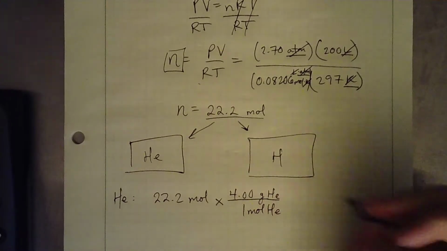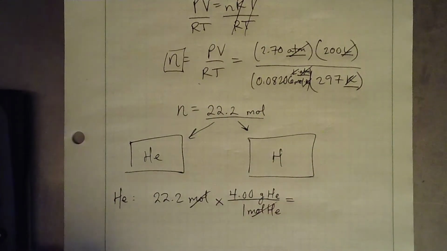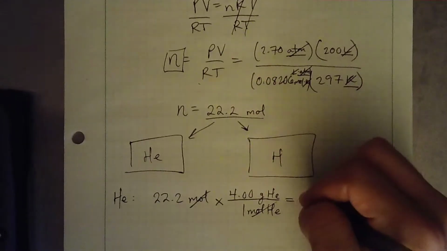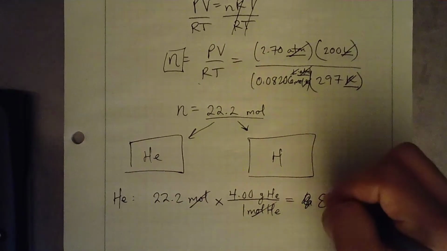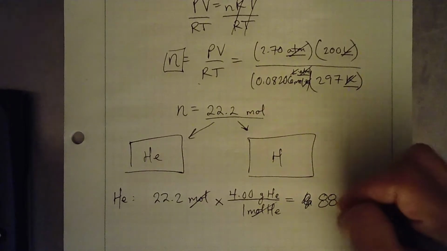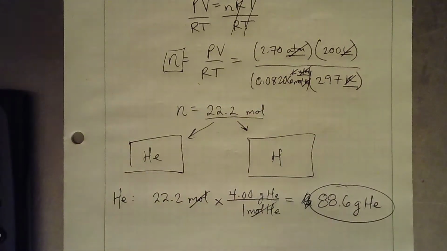I'm getting that from the periodic table. So this is 88.6 grams of helium. And then to do it for hydrogen, it would be the same process.